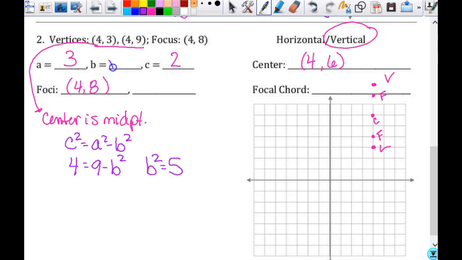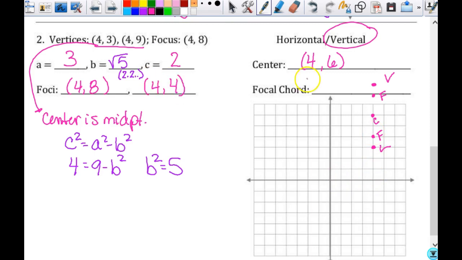So B is the square root of 5, which is about what? The square root of 5. 2 point what? 2.2 something, close enough to graph, right? So my other focus point, I'd already graphed it. I can find that. That's 4. 1, 2, 3, 4, 4, right?